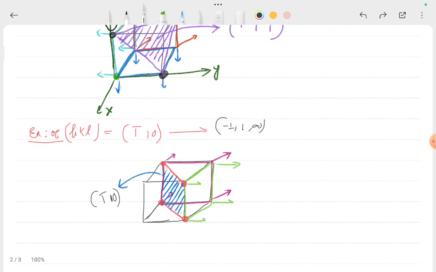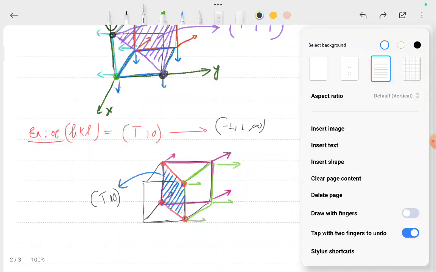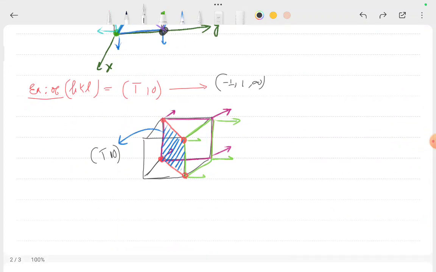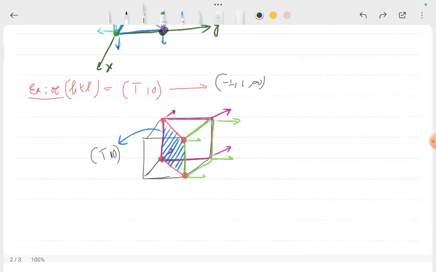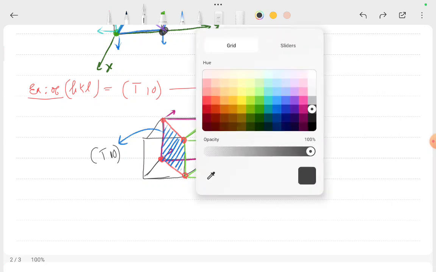I gave you one example, and please sketch it in your notebook. After solving the problem, please send it to our WhatsApp group, and I will check it.